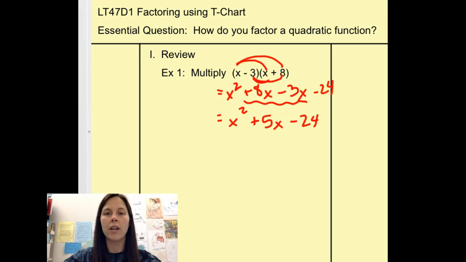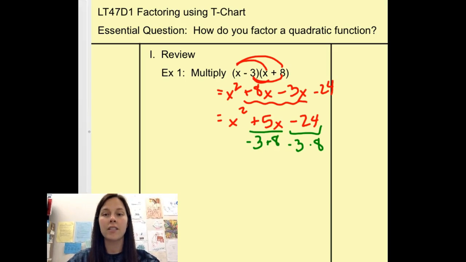So think about where these numbers came from. The minus 24 came from the two numbers in the parentheses, negative 3 times 8. The plus 5 came from the two numbers in the parentheses being added together. That's where we got our like terms from. The negative 3 plus 8 gave us the 5.